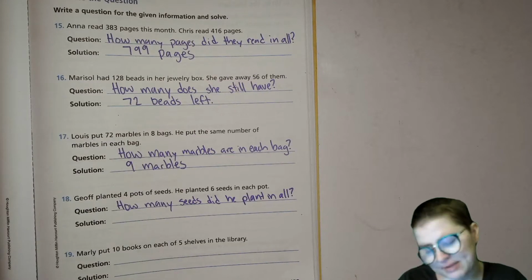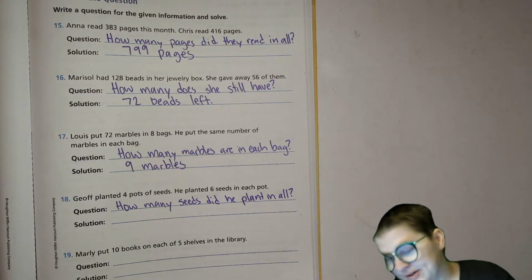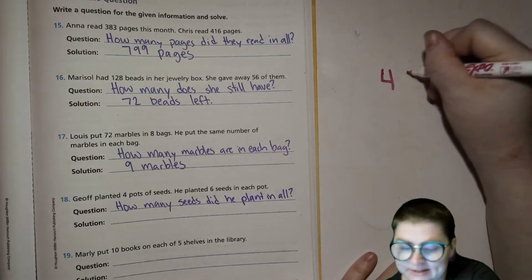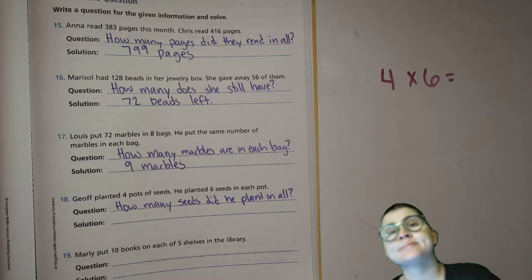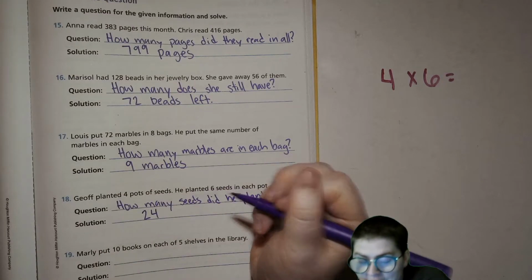So then we're going to do 4 pots, each with 6 seeds. What is 4 times 6? 24, right? 24 seeds.